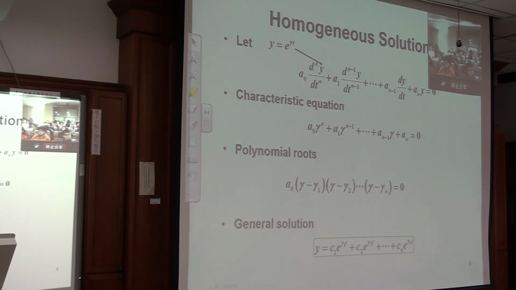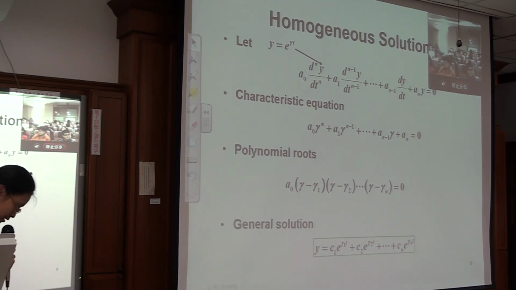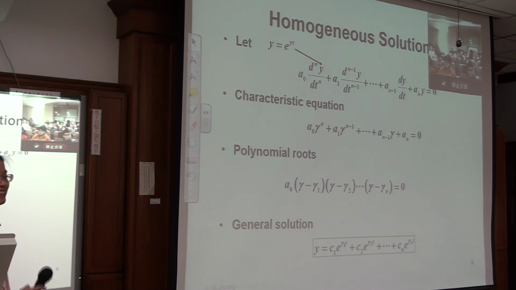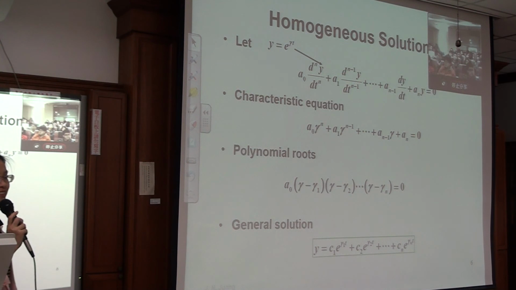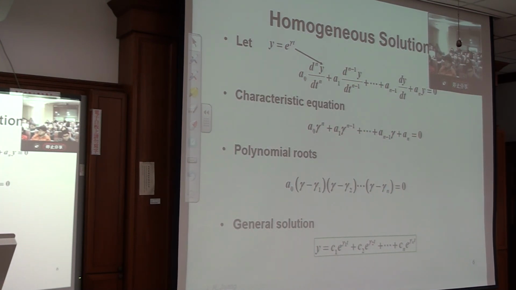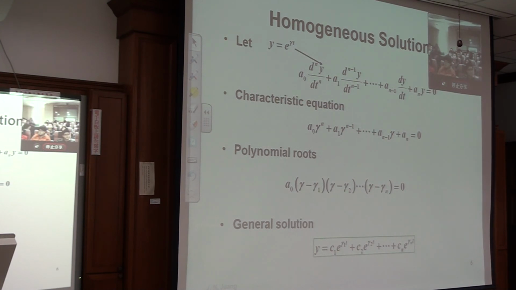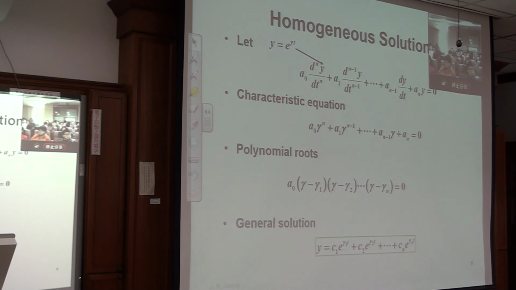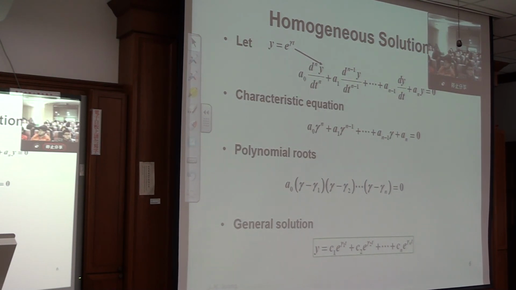And my question is, is that true? Can all nth-degree polynomials be decomposed into this form? That is, gamma minus the first root times gamma minus the second root, all the way to gamma minus the nth root.